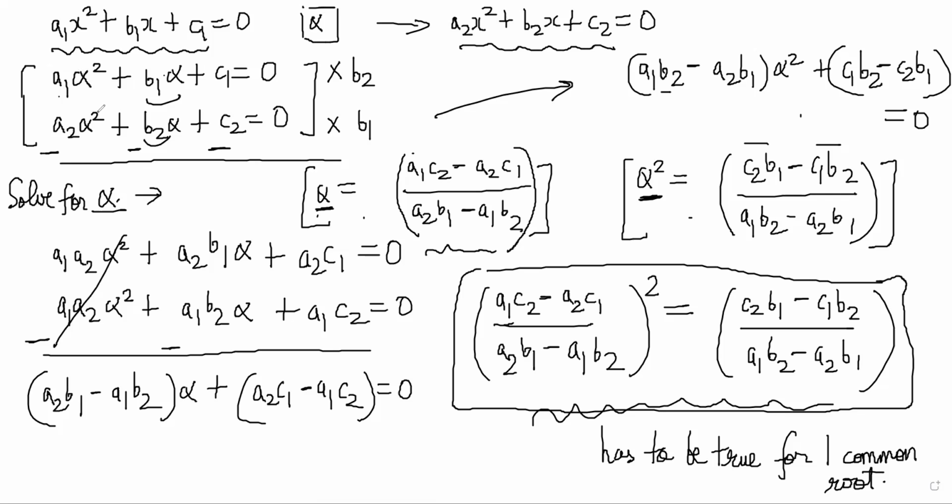Using these, one time eliminate the alpha square term by multiplying and subtracting, and you get a relationship for alpha. The second time, remove the alpha term so that you get a relation for alpha square. And once you have something for alpha and something for alpha square, the square of the alpha thing must be equal to this.